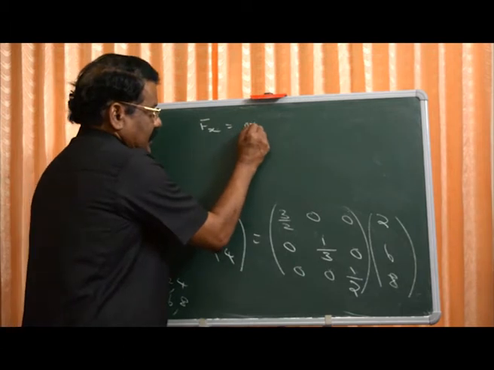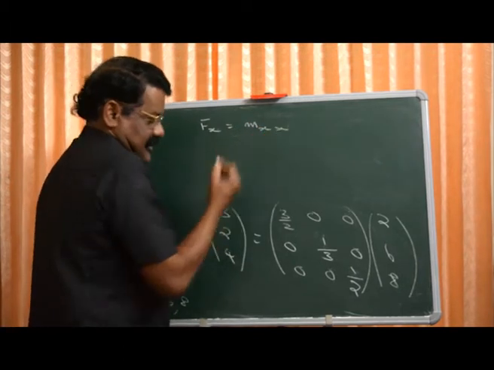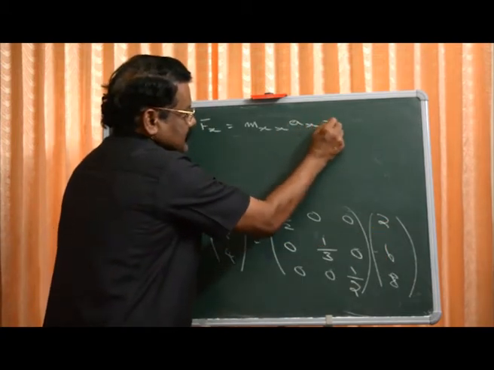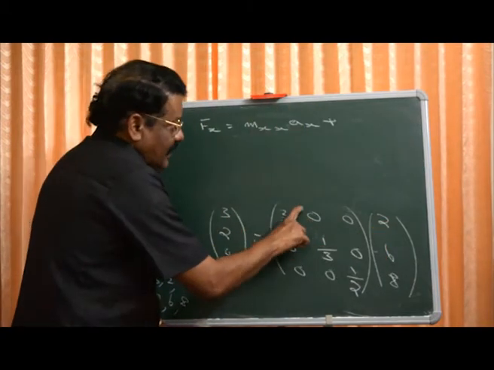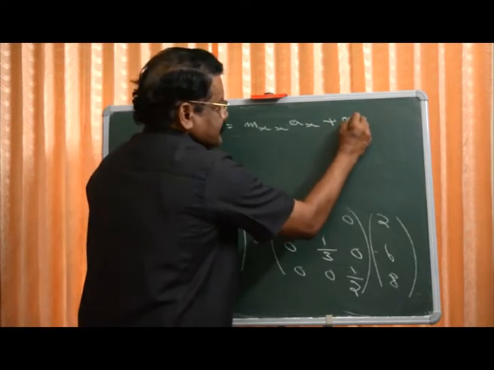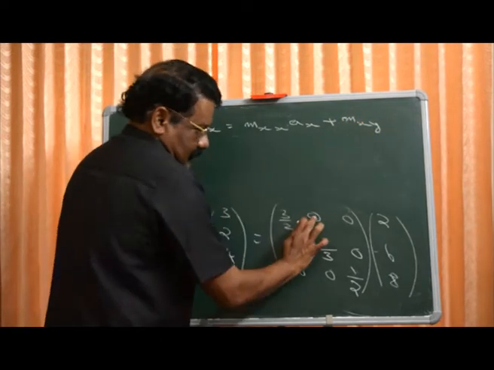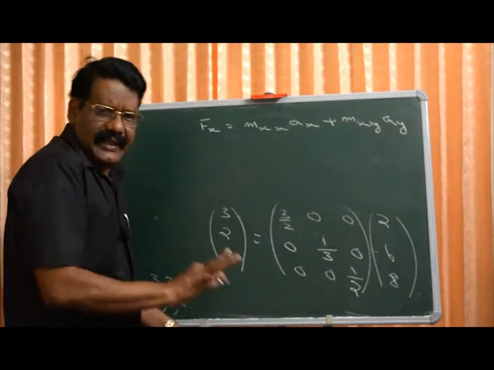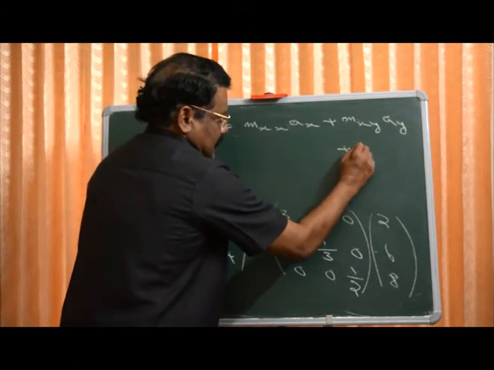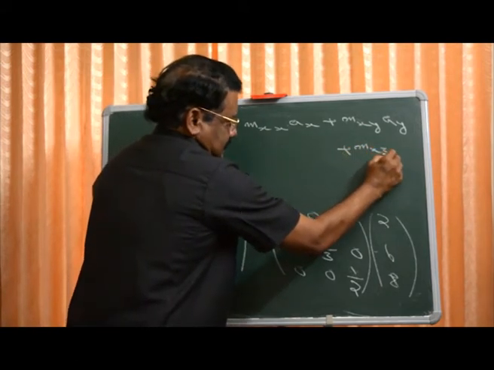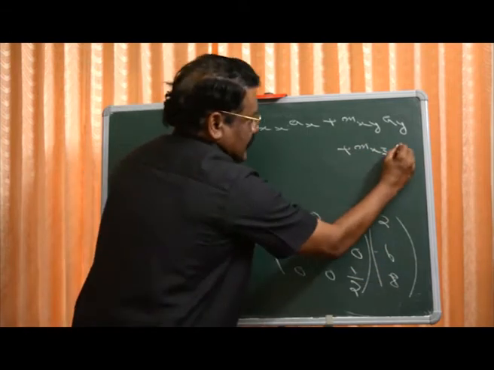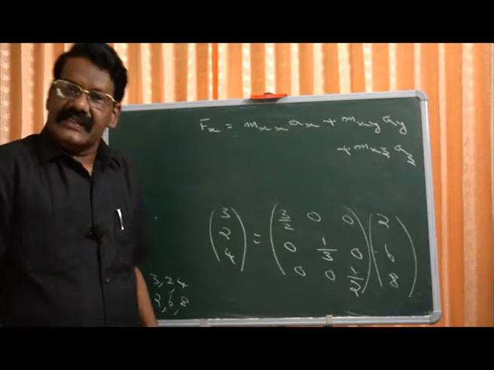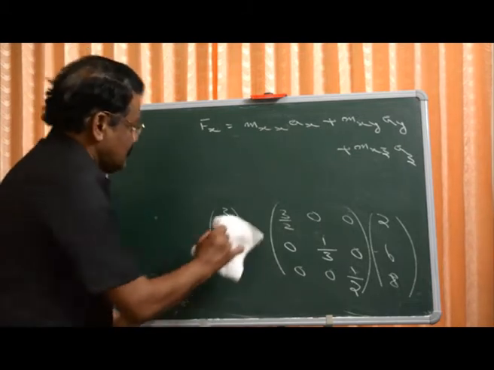I call it as mxx into ax, plus this I call it as mxy into ay, plus mxz into az. This is a generalization. Similarly, you can write down all other terms.